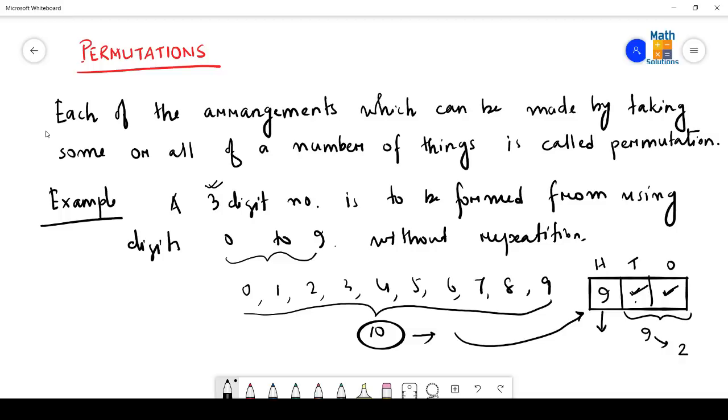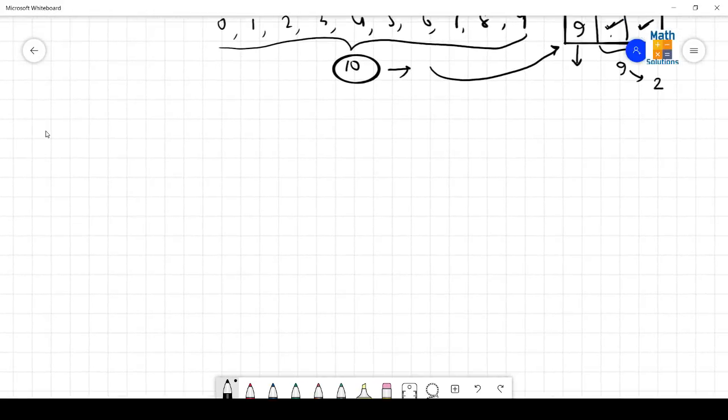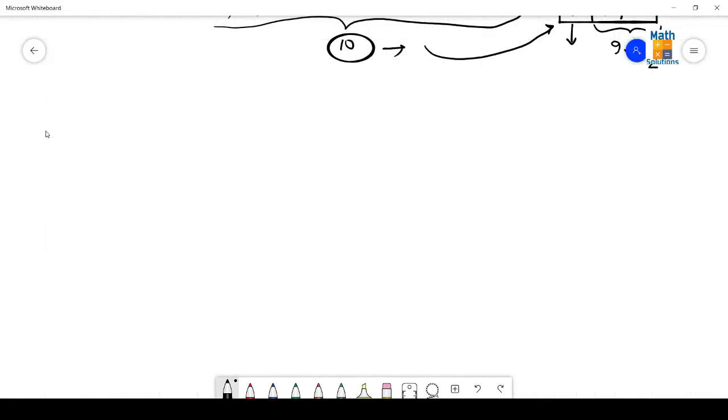So in terms of permutation, how can it be framed? Let us check below. First of all, we have to proceed with the notation. How is permutation denoted? Notation. For this part also there is a statement.